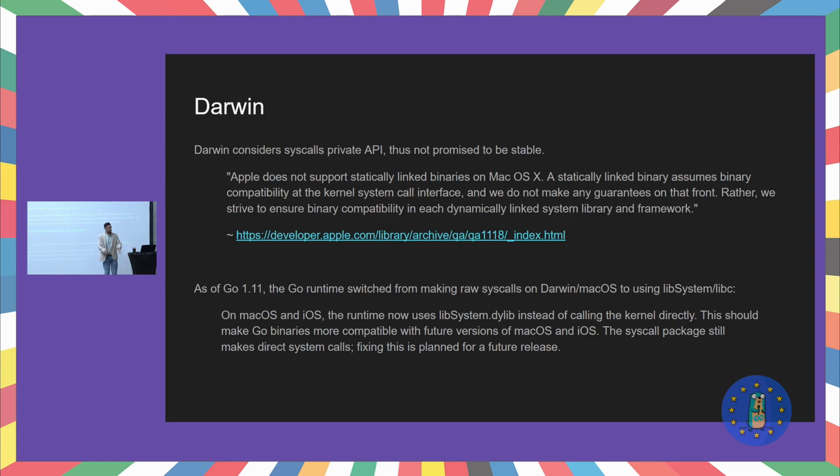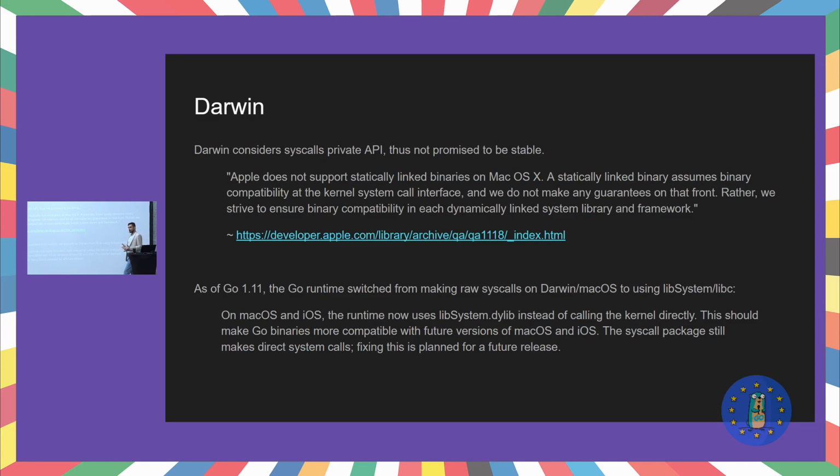And if you use the syscall interface directly, Apple's not going to support you if your application or software breaks at any point in time. This means that the Go team had to port their implementation to move away from making the syscalls directly into using libc of Darwin. Now, just like the case with OpenBSD, this puts us in an awkward position.